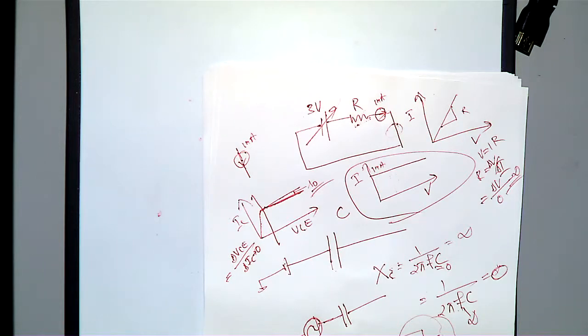When you don't have the Early effect, what will be the Early voltage? Infinity. That's the reason RO will become infinity, because VA becomes infinity. So the small signal model can incorporate a resistance term RO, and then you get the small signal model with Early effect.